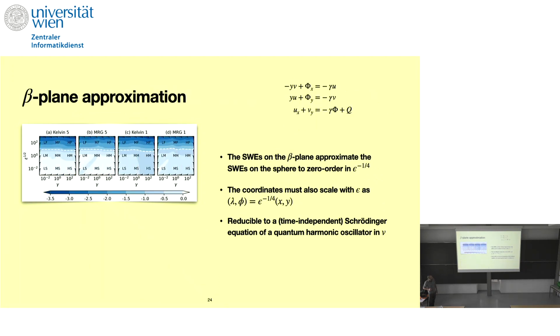And this is the beta plane approximation, which turns out to be the most complicated one, but still analytic. The shallow water equations on the infinite equatorial beta plane approximate the shallow water equations on the sphere to zero order in powers of epsilon. But in order to make that true, the coordinates also need to scale with epsilon.